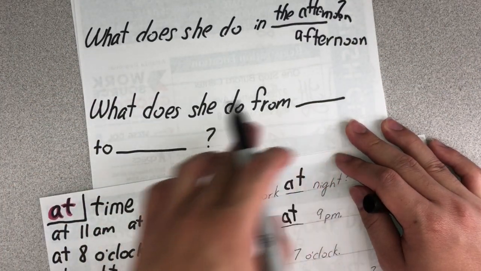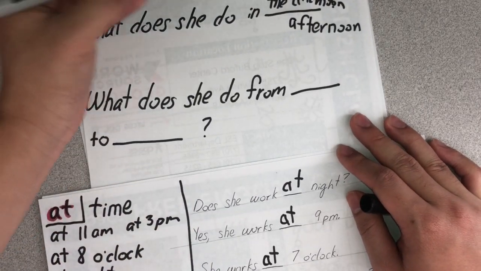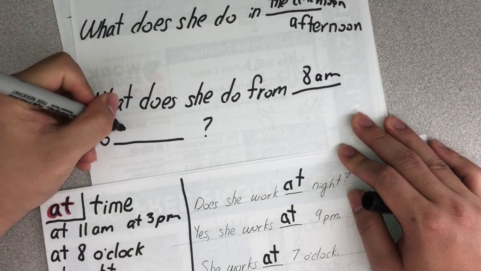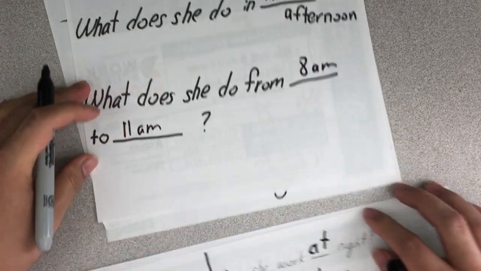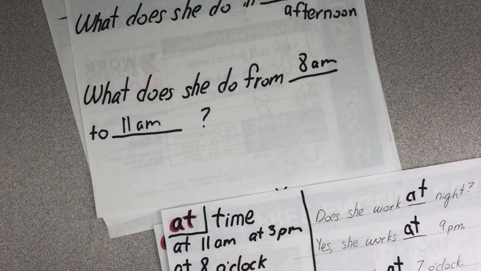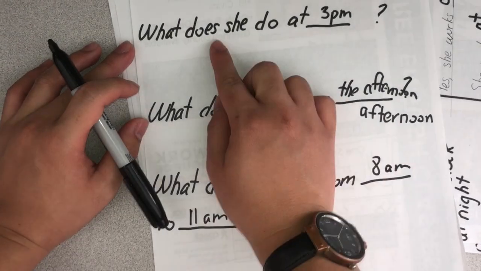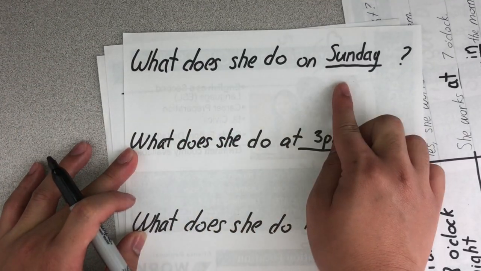What does she do from something to something? What does she do from 8 a.m. to 11 a.m.? So now let's put these sentences together. What does she do at 3 p.m.? What does she do on Sunday?